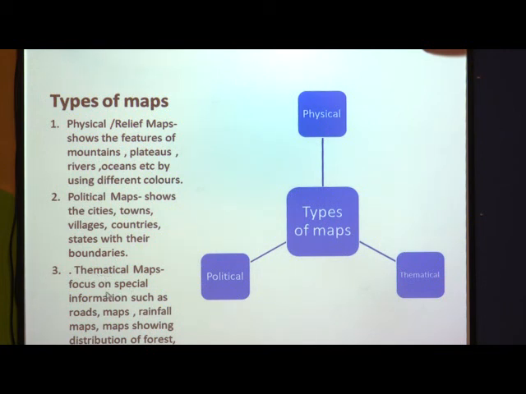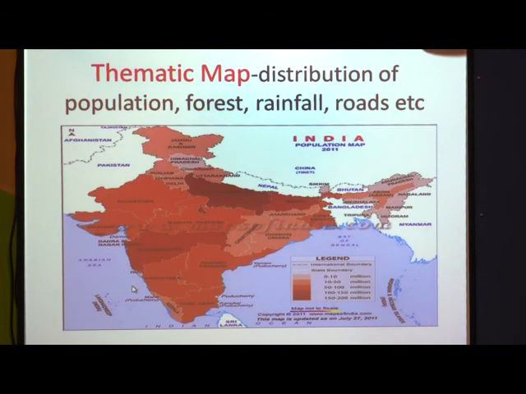So, thematic maps give information on a particular topic, like roads, rainfall, distribution of forest, or industries. Here is again a picture, an example of a thematic map, children.